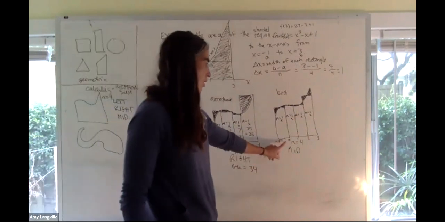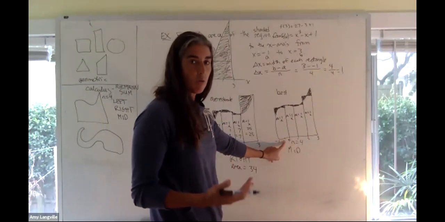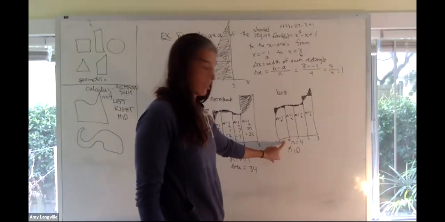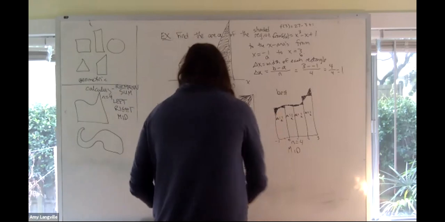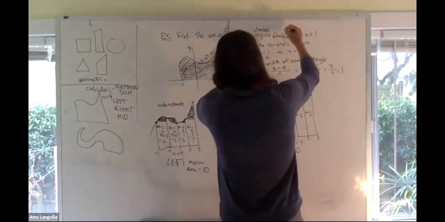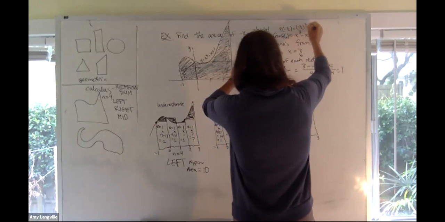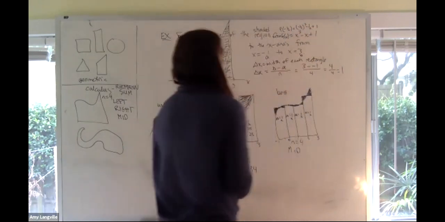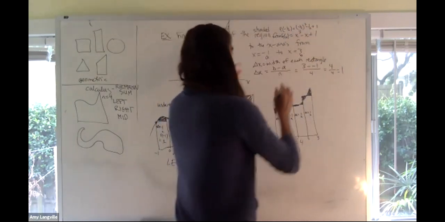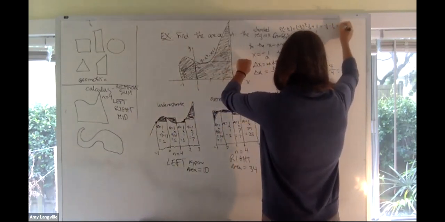So in the first one, think about how you got it. You went to halfway between minus 1 and 0, which is minus 0.5, and then went up to the function. So I need to do f of minus 1/2. That's minus 1/2 cubed, minus minus 1/2, plus 1.